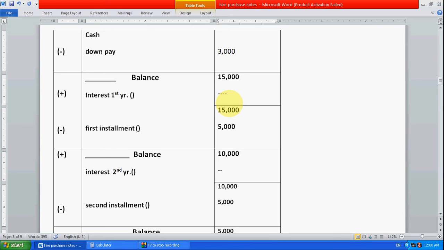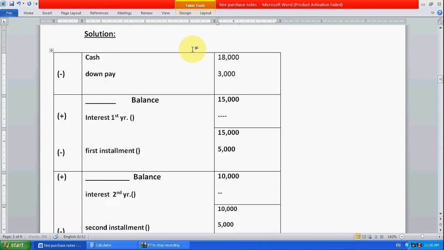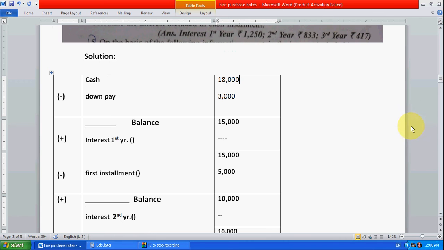This 15,000 came after deduction of the down payment. Before deduction it was 18,000. So the cash price was totally 18,000 with interest. Now we have to find the interest.